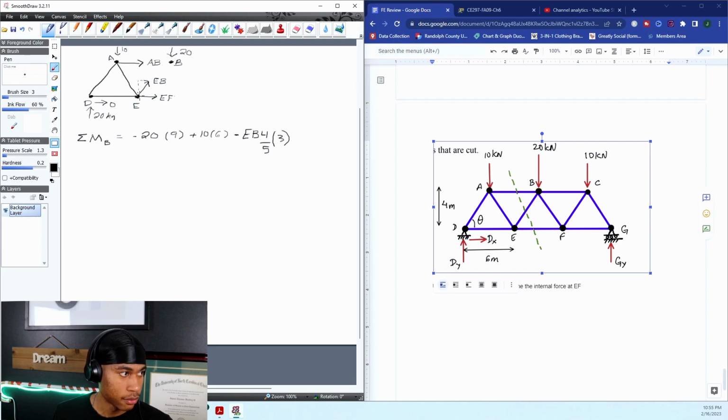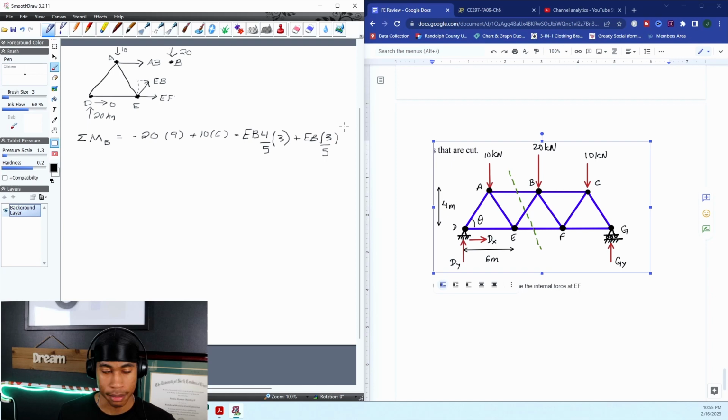So if we have a force pushing to the right, up and around, all right? That's a positive. It's a positive EB force. Okay, but instead now it will be cosine, right? Adjacent. So that is going to be 3 over 5.